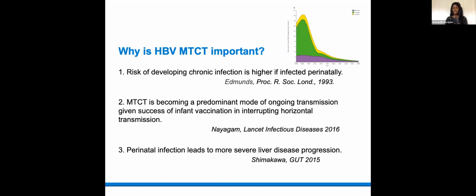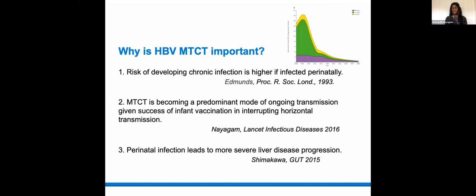So back to hepatitis B mother-to-child transmission, which I won't dwell on this slide too much because I think everyone's summarized it nicely. So 3 reasons I put forward why hepatitis B mother-to-child transmission is important. Of course, the first one is the risk of developing chronic infection is higher if infected perinatally. Secondly, often people think that mother-to-child transmission isn't significant or it's mainly a problem in Asia.